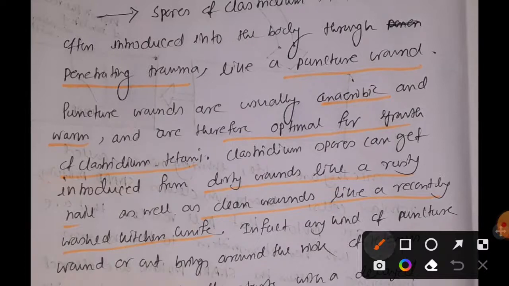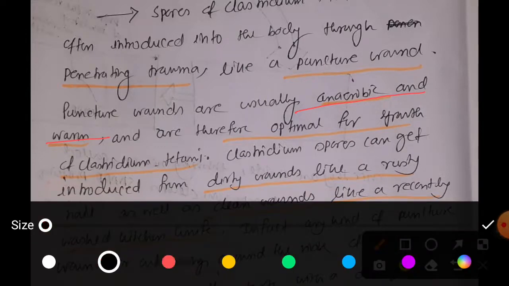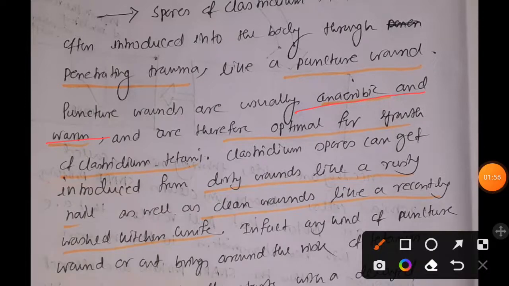The idea is that any kind of puncture wound, especially deep and very severe wounds, are anaerobic and warm. And I told you in the previous video that our Clostridium tetani is an obligate anaerobe, right? That means oxygen is toxic to them. That is why those kinds of puncture wounds are very favorable for their growth. That is why they use wounds as their portal of entry.